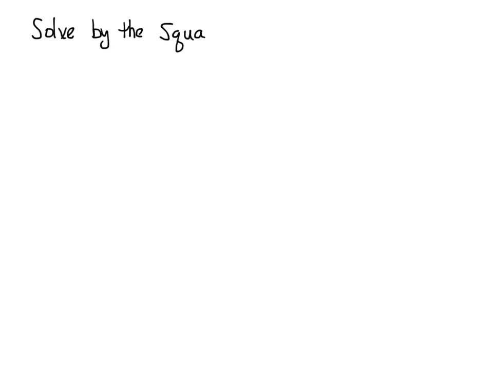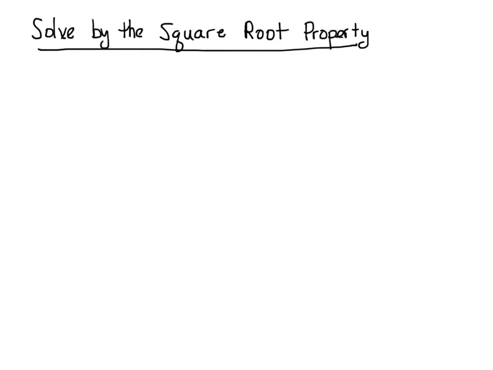We can also use the square root property that we've been using in the last section. So if we have something like u squared equals d, then the square root of u squared equals the square root of d, if that's exact.